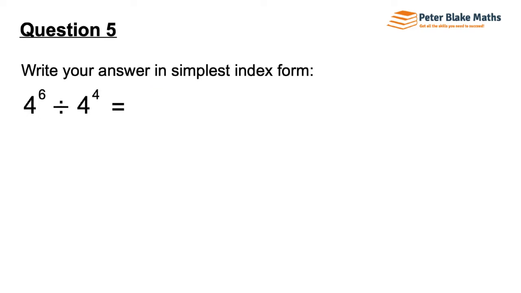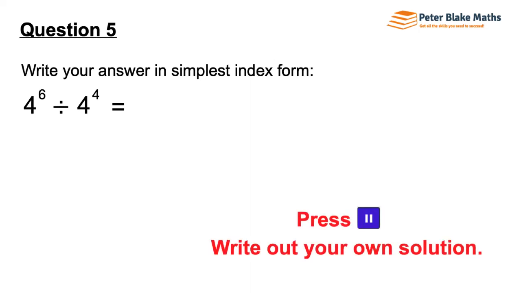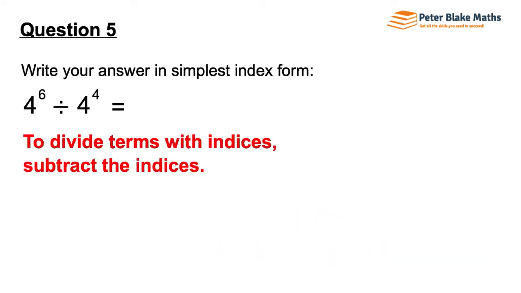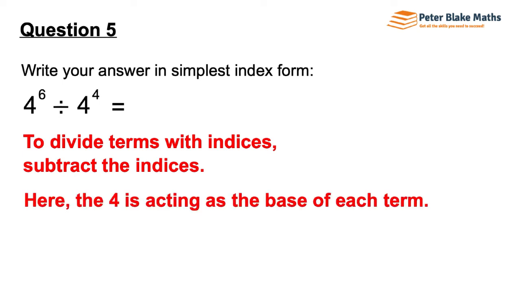Question 5. Write your answer in simplest index form, 4 to the power of 6 divided by 4 to the power of 4. To divide terms with indices, we subtract the indices. Here though, the 4 is acting as the base of each term. It's a bit like where the x would be or the y would be or whatever.